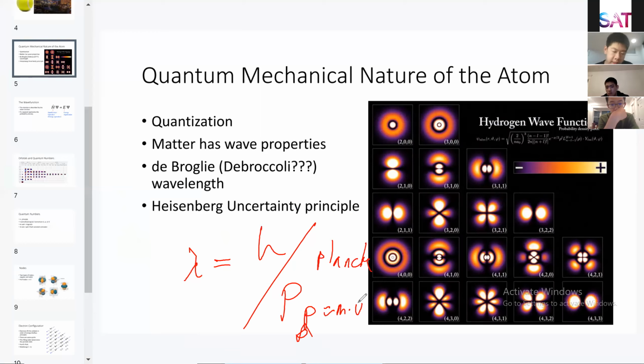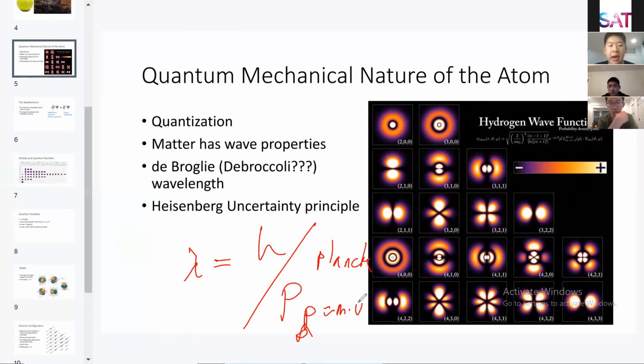So anything on the macroscopic scale will have some big momentum, right? So that means the wavelength is unimaginably small. In other words, the wave properties don't matter. We don't need to care about wave properties at the macroscopic scale.